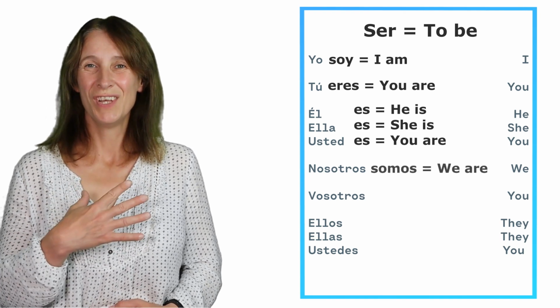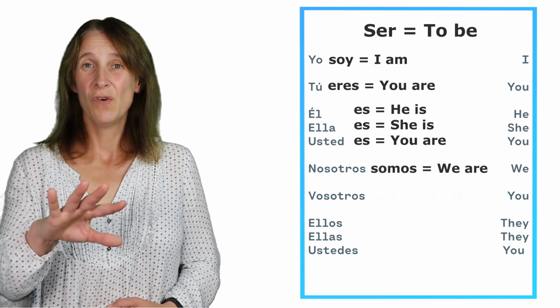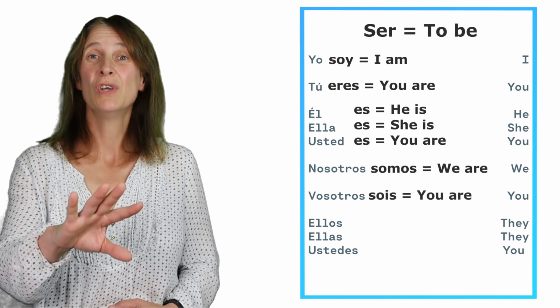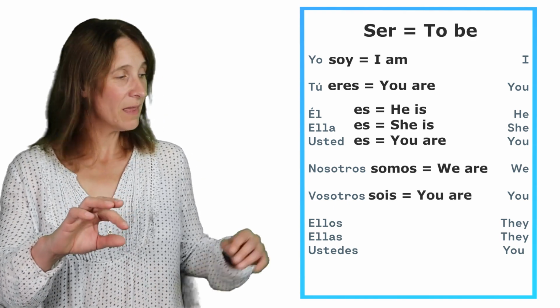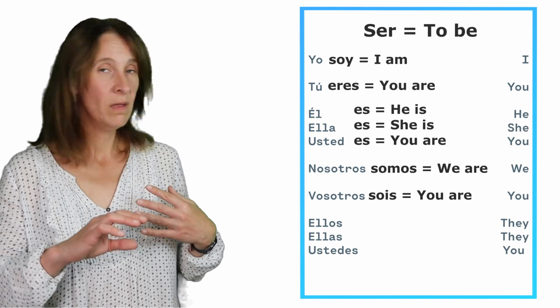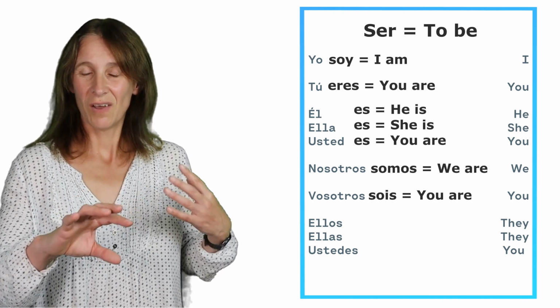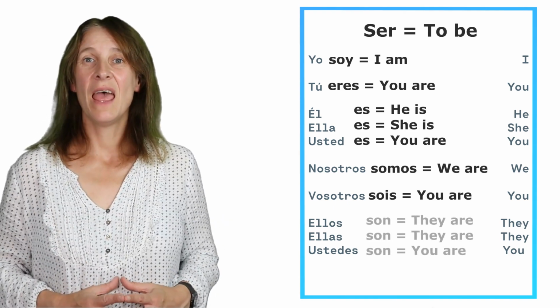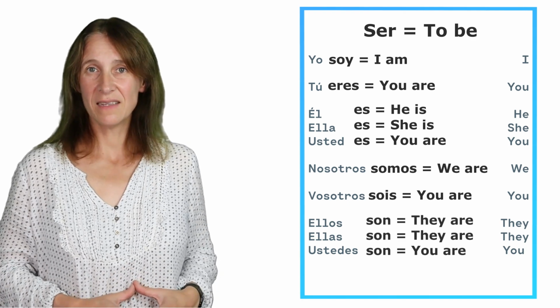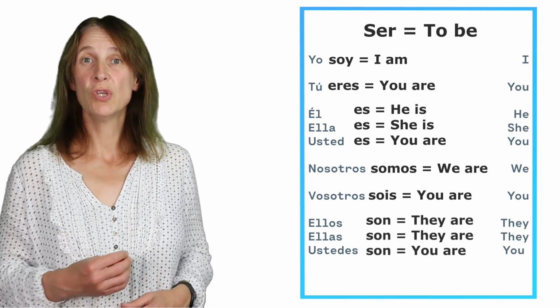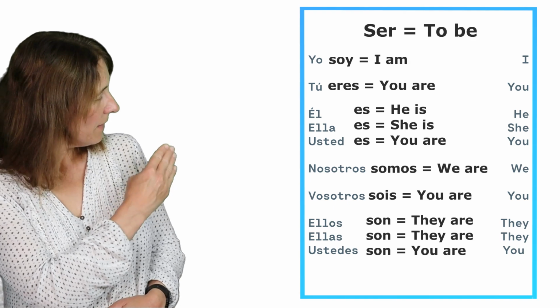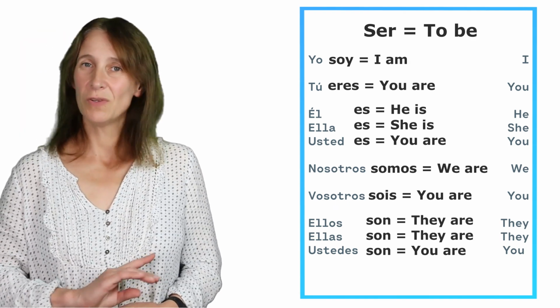Nosotros somos. Vosotros sois. So I think soy and sois are quite similar. And then ellos, ellas, and ustedes son. So look at that. There are no accents, not one.